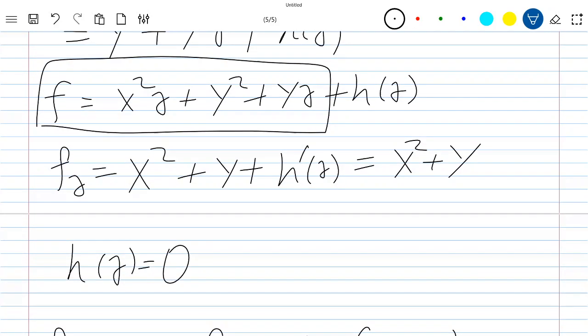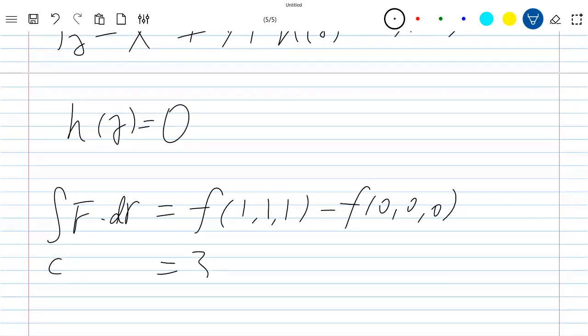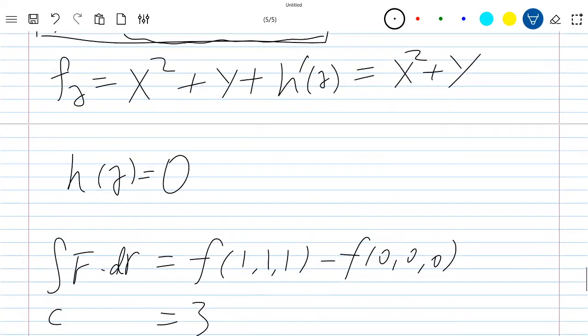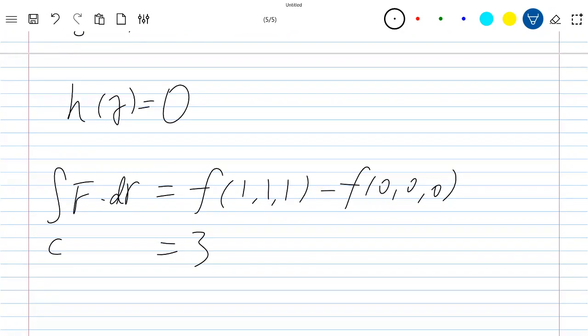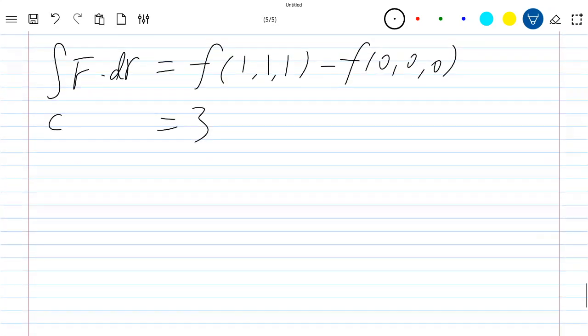Plugging x, y, z equals 1 here, you get 1 plus 1 plus 1 equals 3. And then 0, 0, 0 will give you 0, so that's the answer. Alright, so this example shows you that if you can verify a field is conservative, then the line integral is really simple. Okay, that's it for the line integral.